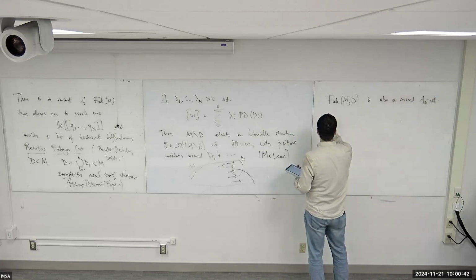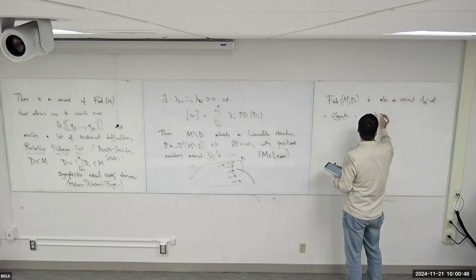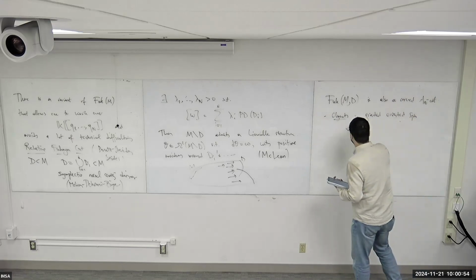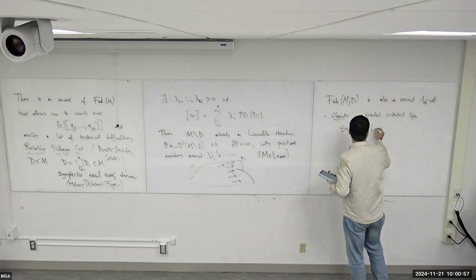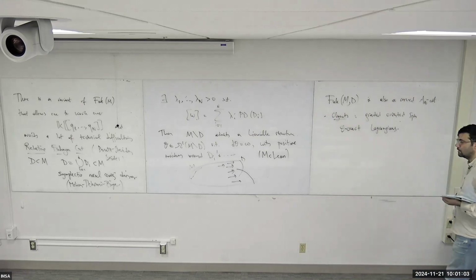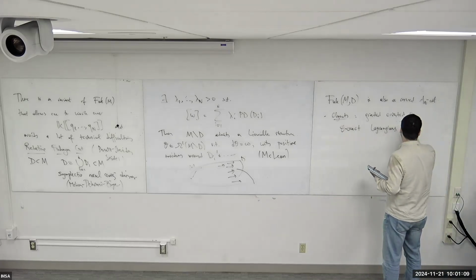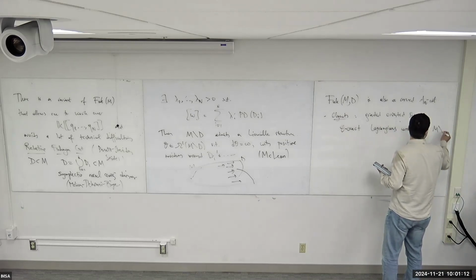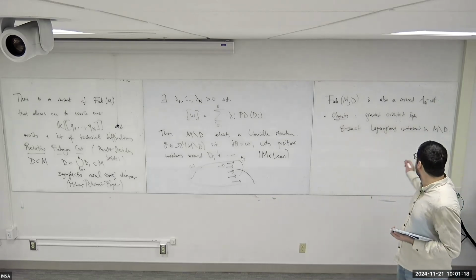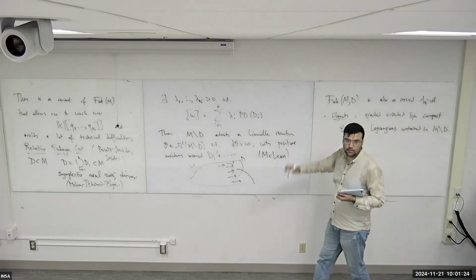And now the objects are graded, oriented, spin, the same stuff, but in addition, theta-exact Lagrangians, contained in M minus D. There is no behavior near D because they're compact. They just don't interact with D.